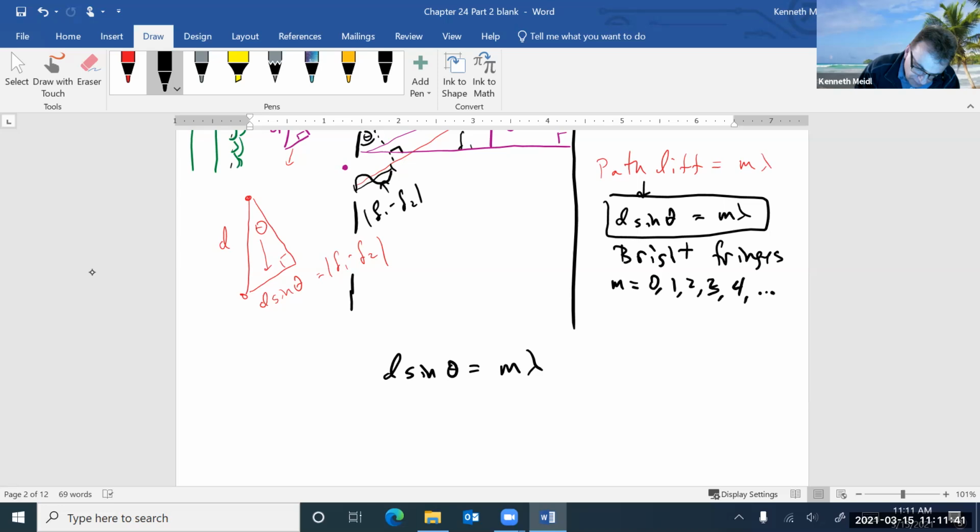If you're building the diffraction grating, you have full control over D. But what you can do here is let light come in to the openings, and the light can be of different wavelengths, okay? And so you let light come in of different wavelengths. So different wavelengths will have different angles, okay?